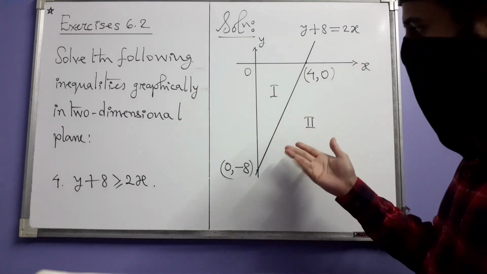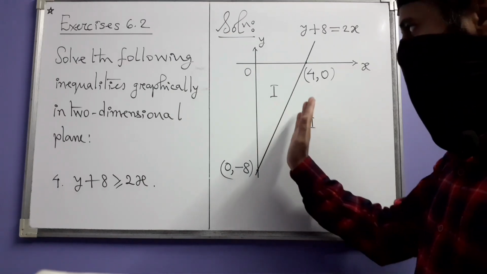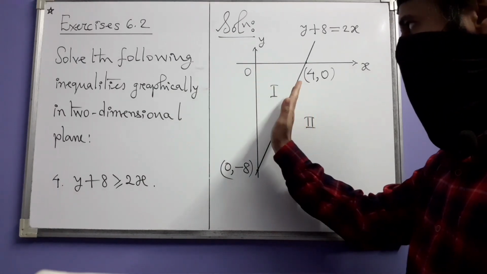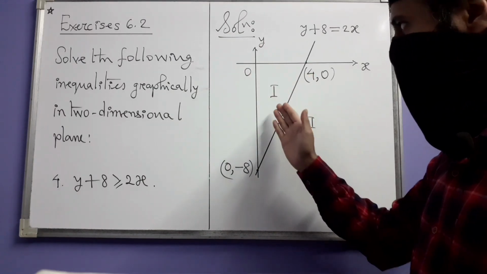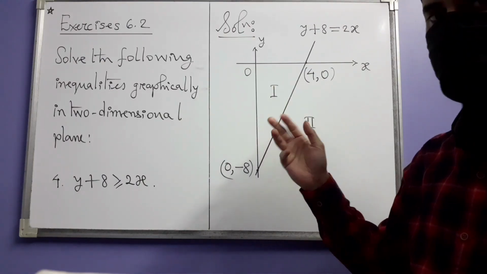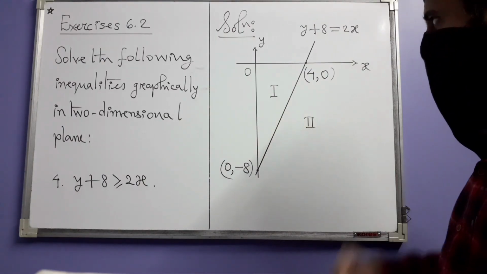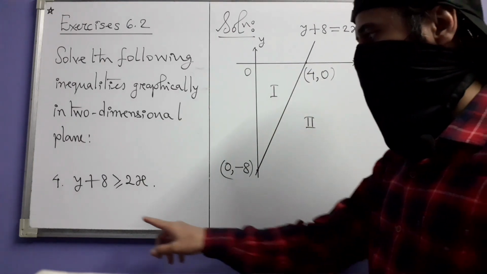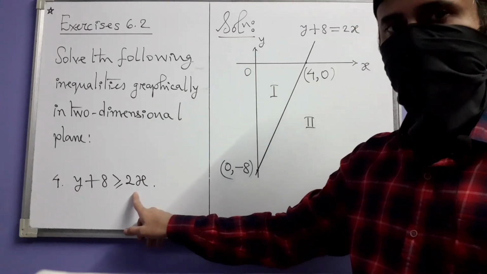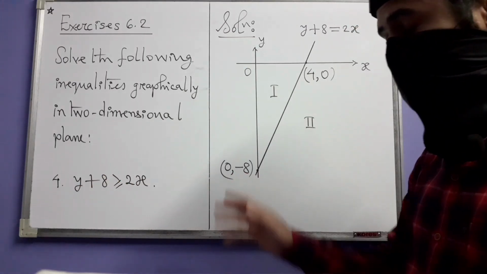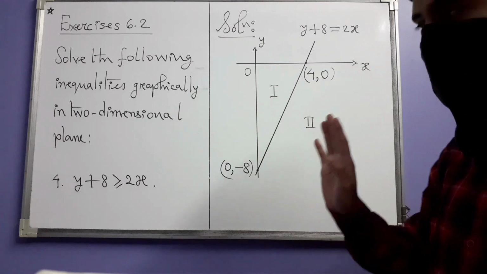The point here is that again, this line divides the plane into two half planes, the upper half plane and the lower half plane. This time I am calling it 1. You can give it any name, and this one 2. So now you substitute the coordinates of 0 in this equation. Coordinates of 0 means coordinates of the origin, okay, not 0.